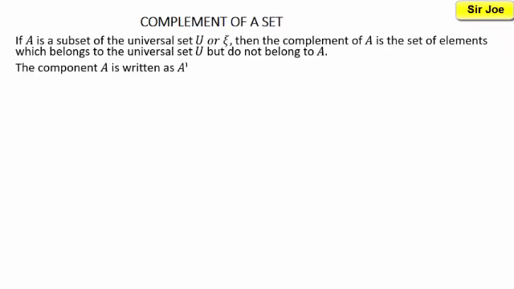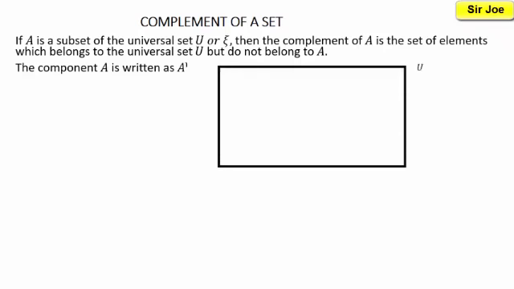Let's take an example and then you understand. But before that, let's look at this diagram. We have the universal set over here. Then we have a set A in it. Always, I've told you that a set is a subset of the universal set. So they are always inside the universal set. The universal set becomes the mother set here.